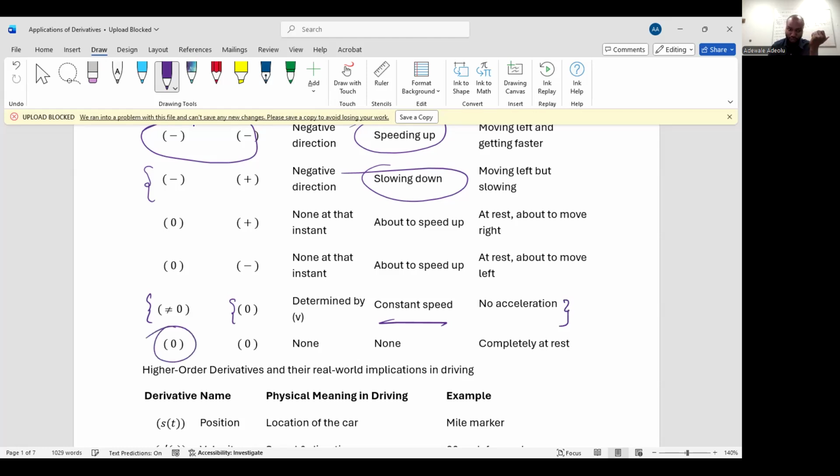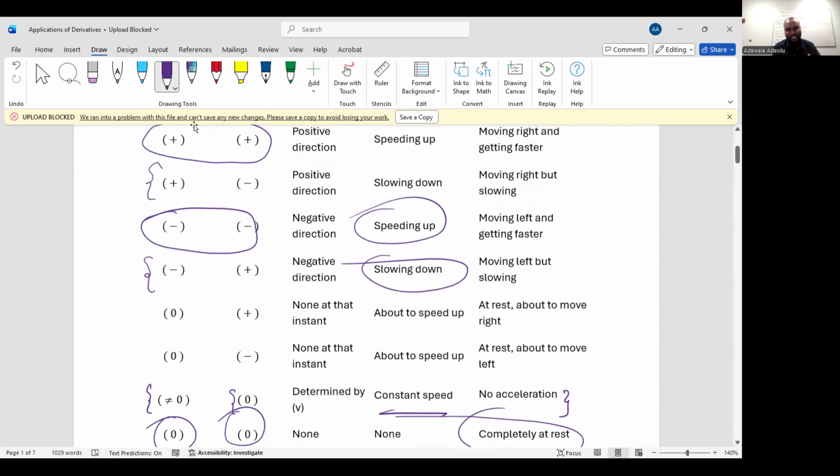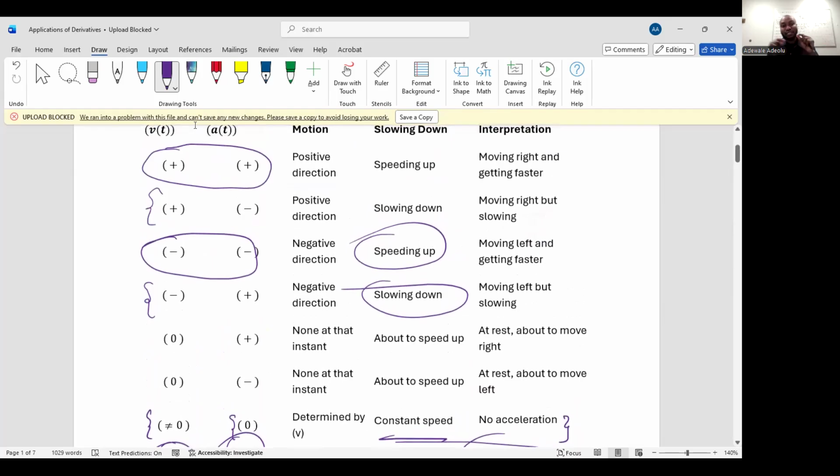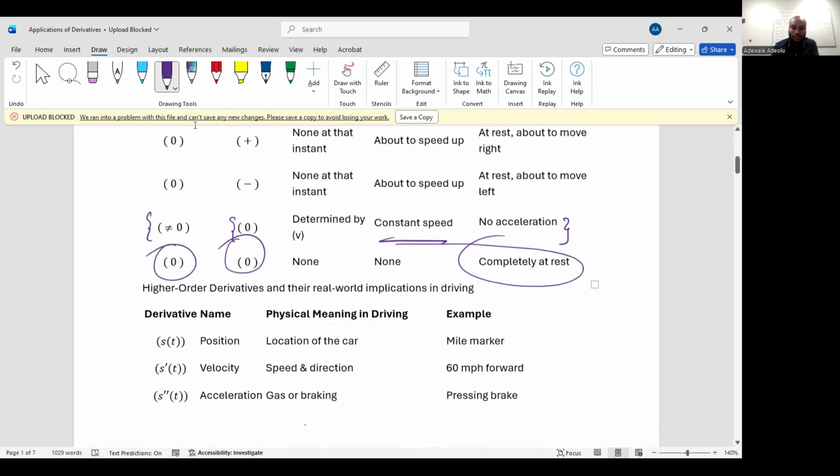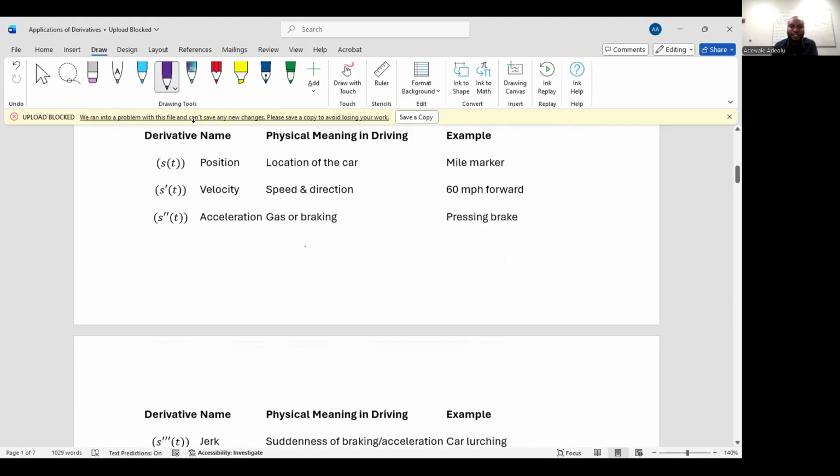If there is no speed and no acceleration, then it means you are completely at rest. So there is nothing fancy here. Just know that when the signs are the same for velocity and acceleration, you're speeding up, and when the signs are opposite, you are slowing down. That is the major point here.